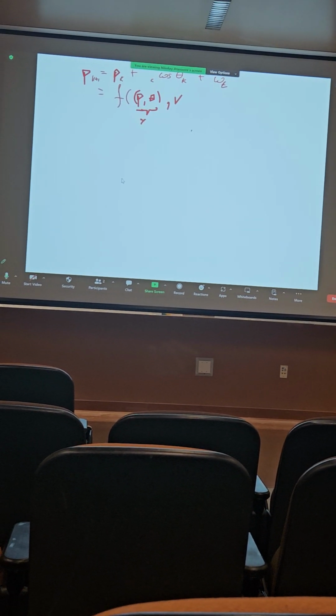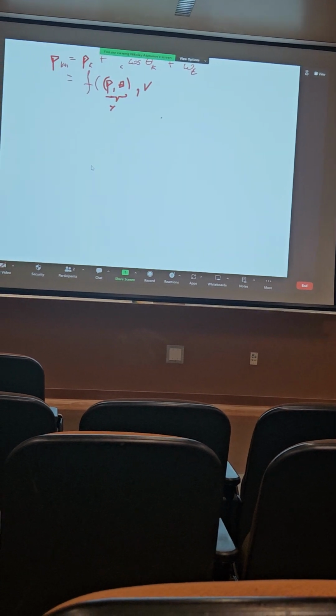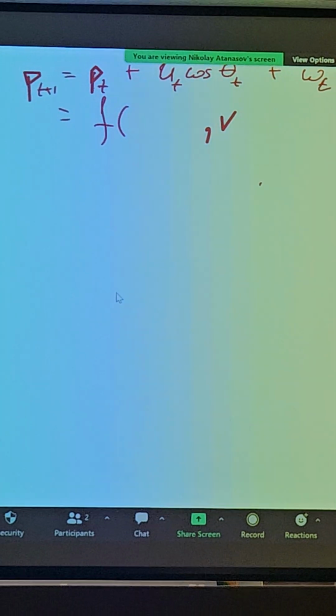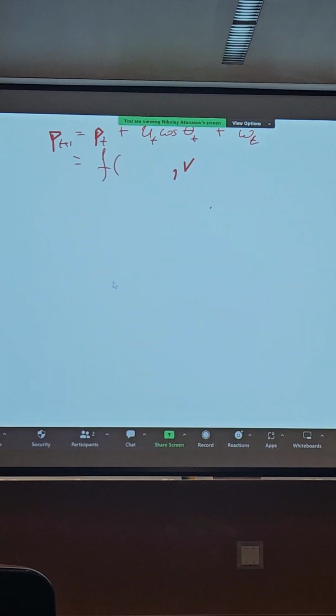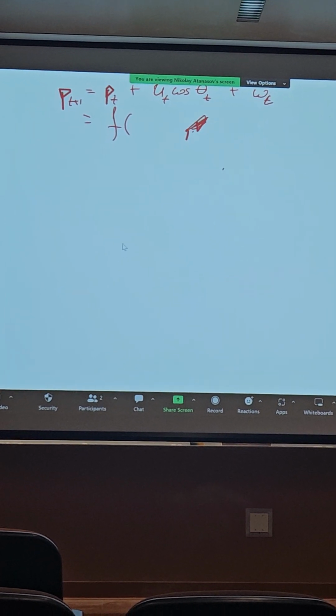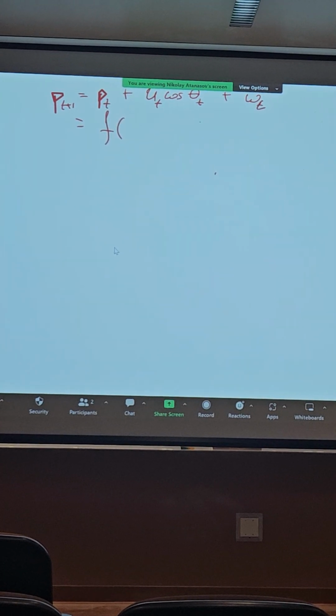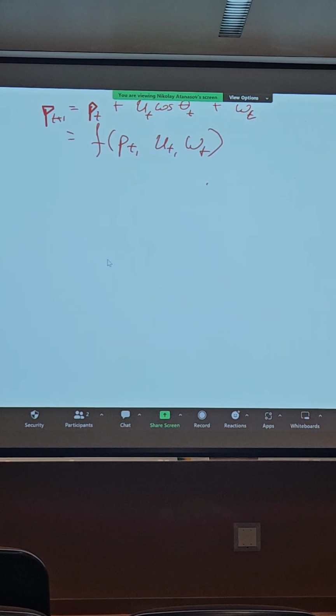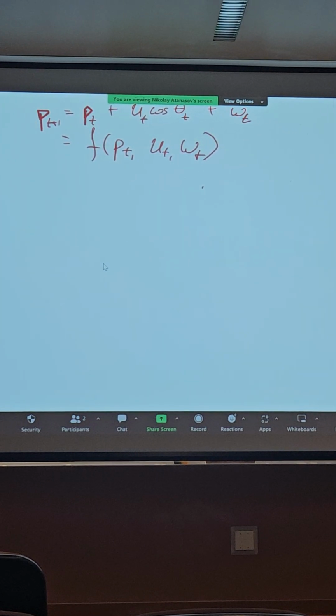Sorry, let me simplify this a little further. Let's say this is u, this is t, and this is t plus 1. I'm going to pretend that theta is given, so our model is a little bit simpler. So this is a motion model of p, u, and w, which is, oh, it is actually linear now.